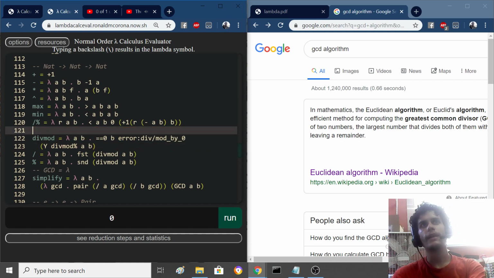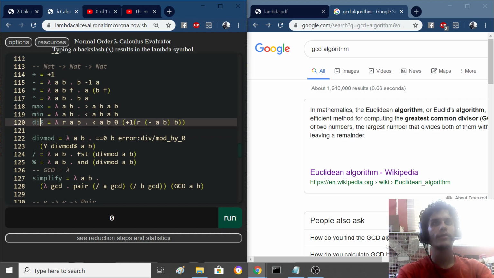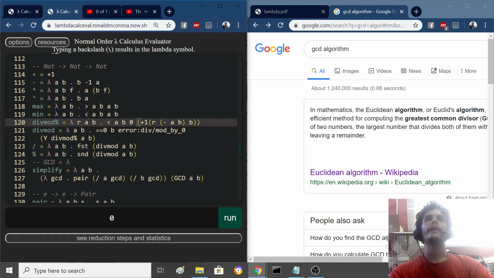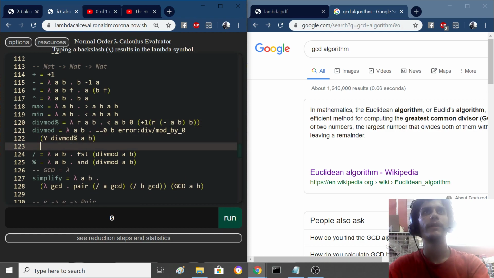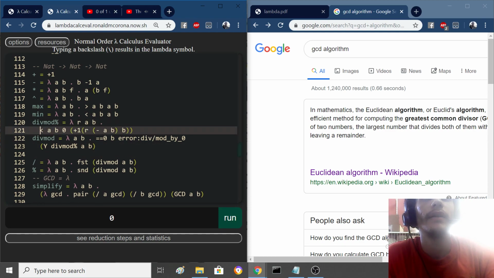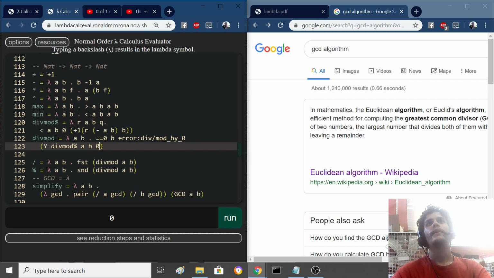So now I can just take this and use the skeleton of it for div mod. Q will be the quotient, and I'll have it right here, right?